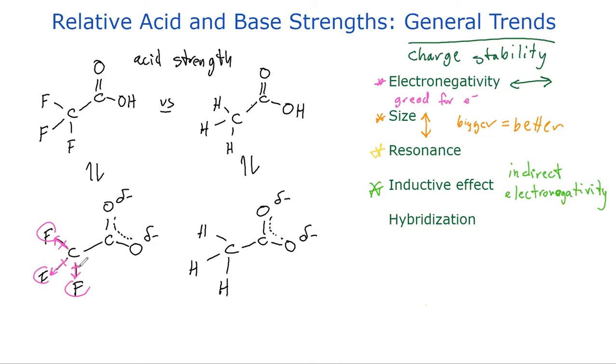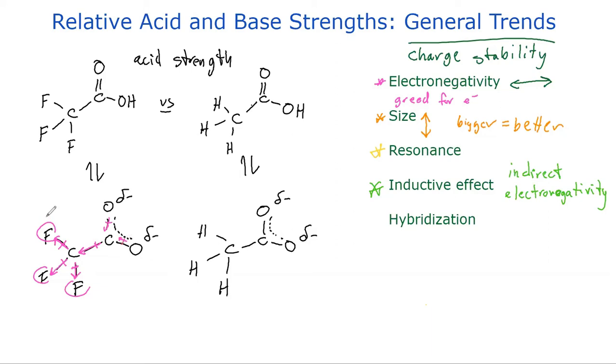And that we'd say is an inductive effect. It's basically bond polarity. But there's an indirect effect as well, because that carbon in turn, now that it's short of electrons, is going to pull more from its neighbor. And we're indirectly pulling some of the negative away from the oxygens with the fluorines.